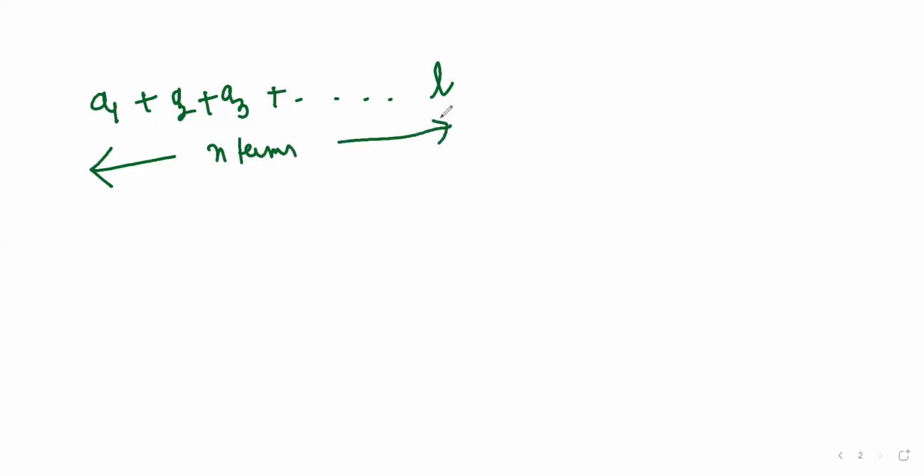Suppose in the AP, I tell you the last term. A1 plus A2 and so on, I'm adding n terms. Suppose I know the last term, that is AN, or that is L. I told you the last term in a finite AP is denoted by L. There are n terms, so L is nothing but AN, just like A1 is A. L is the last term, or however many terms I'm going to consider in that set.